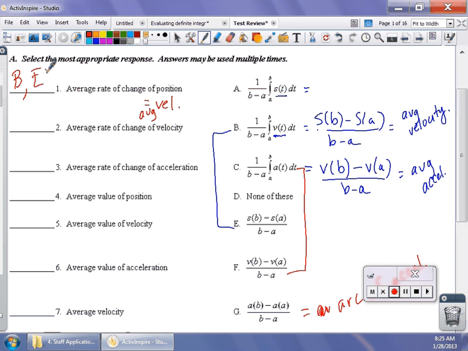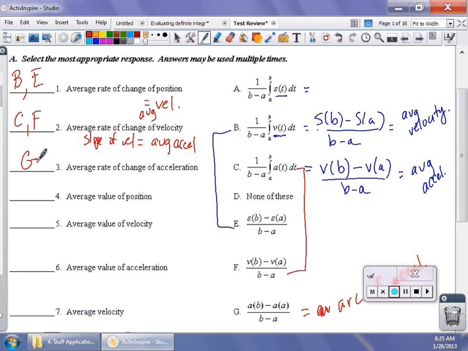The average rate of change, or the slope, think of it like that, slope of velocity would equal average acceleration, and we said the average acceleration was C and F. The average rate of change of acceleration was letter G.